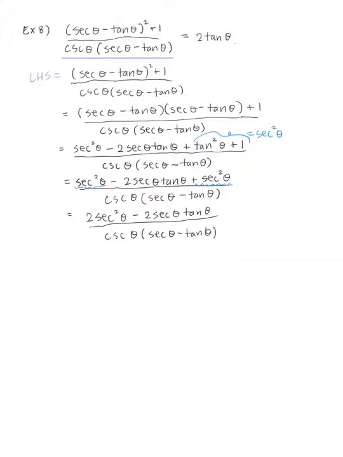All right, so okay, I feel stuck, so I'm going to try to convert everything in terms of sines and cosines, and let's just see where that's going to go.